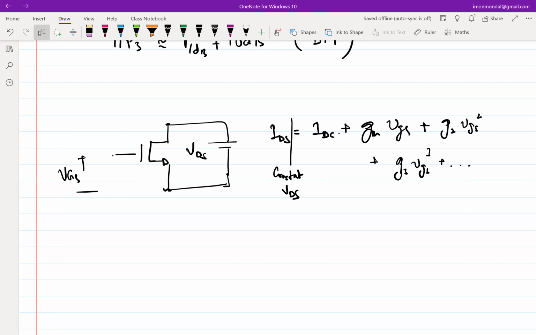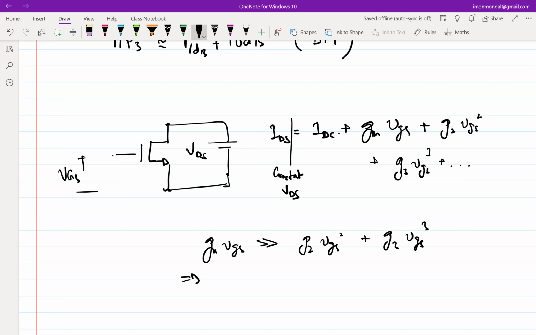But if I just look at this expansion, and I say that I want the GM-VGS term to be dominant, then I'm naturally saying that GM-VGS should be much greater than G2-VGS squared plus G3-VGS cube.